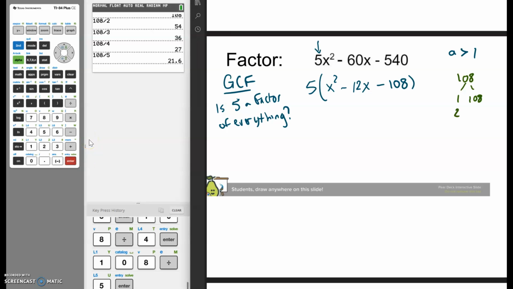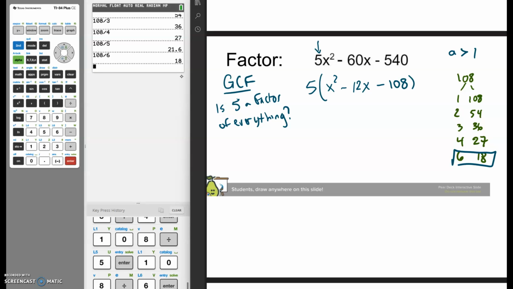So we got 2 and 54, we've got 3 and 36, we've got 4 and 27. None of those look like they're making me think negative 12 yet. 6 and 18, ooh, there's a good one. 6 and 18, those are 12 apart. Maybe those are the numbers we're looking for.